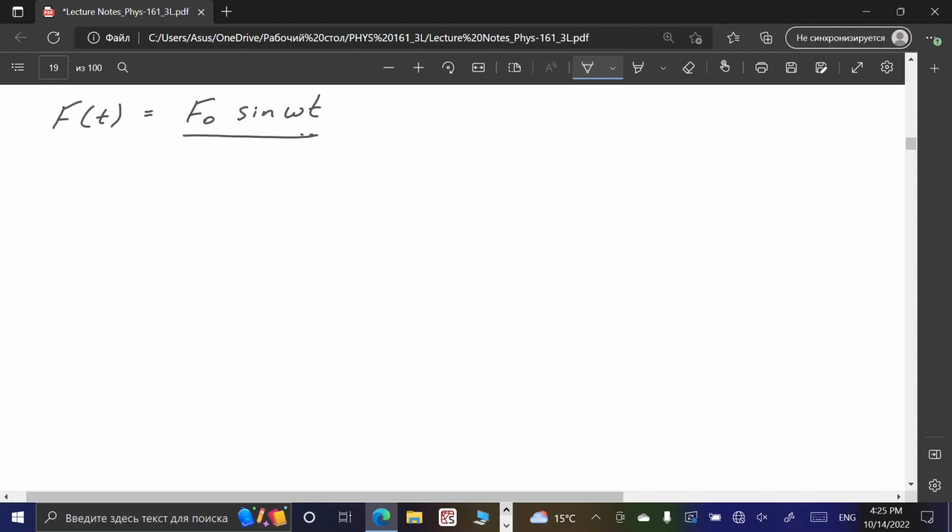So now let us consider again what will be the total net force exerted on the block. Net force exerted on the block will be F naught times sine omega t minus kx minus b dx over dt, and that is equal to m times d square x over dt square.